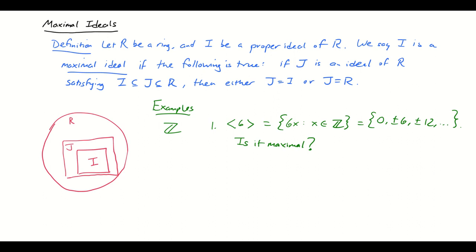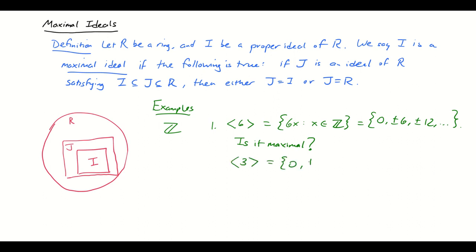All right, in this case, I'm noticing that we have all of the multiples of 6. So if I can think of some other ideal consisting of multiples of something that strictly contains this and is not the entire set of integers, then I will prove that this is not maximal. And one specific I'm thinking of is, well, what about the ideal generated by 3?